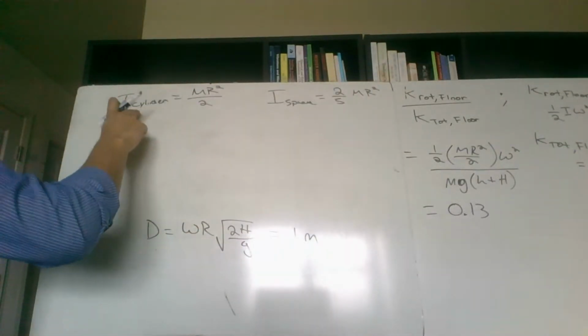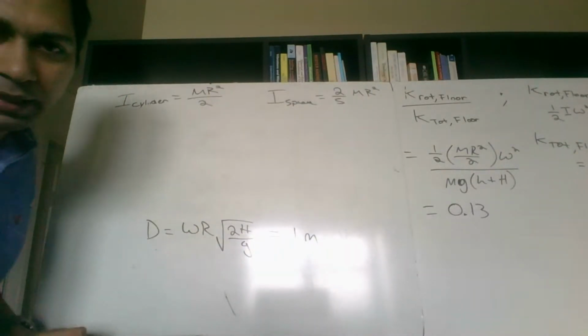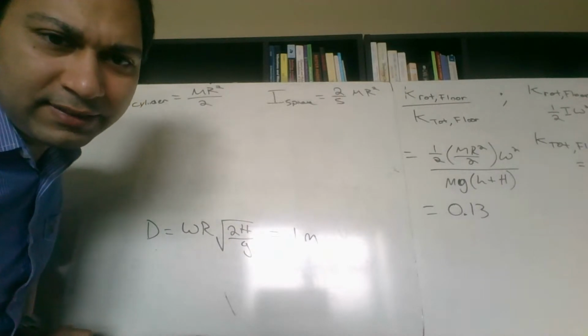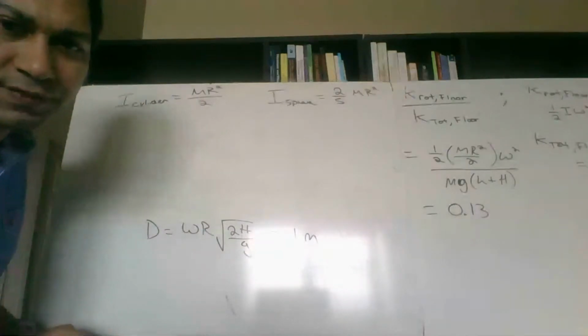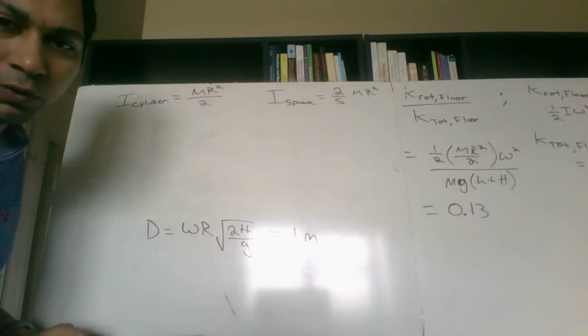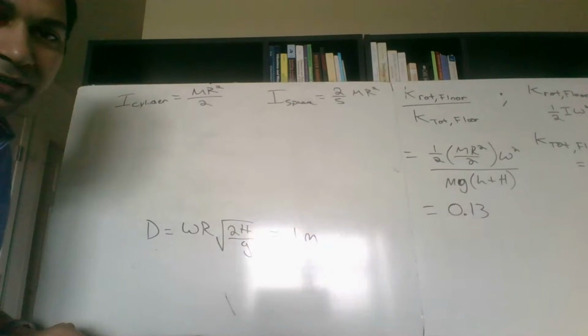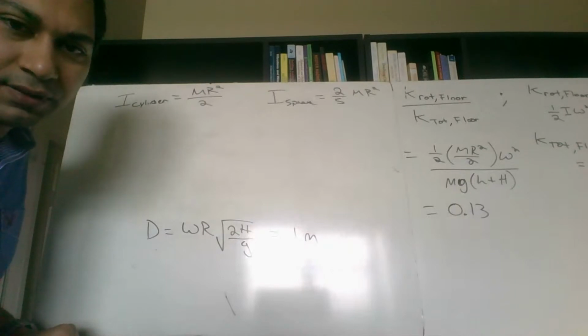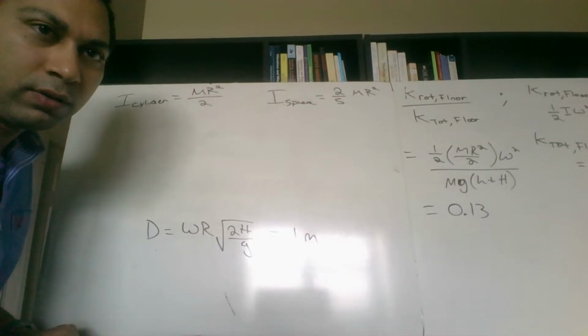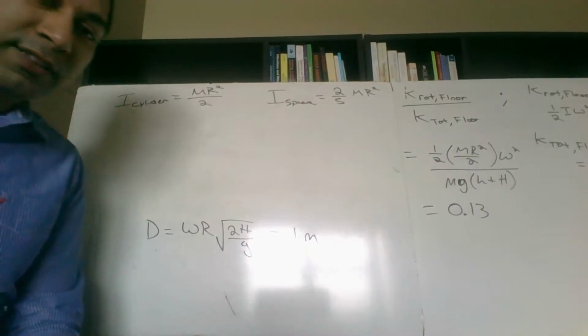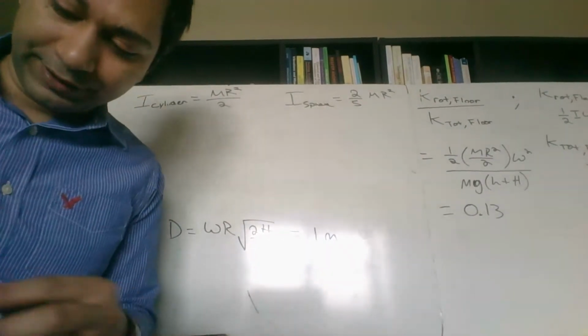Okay, so we're going from here to here, and they are asking, is the total kinetic energy of the sphere at the moment it reaches the floor greater than, less than, or equal to the energy of the cylinder? So they're asking us for the total energy.